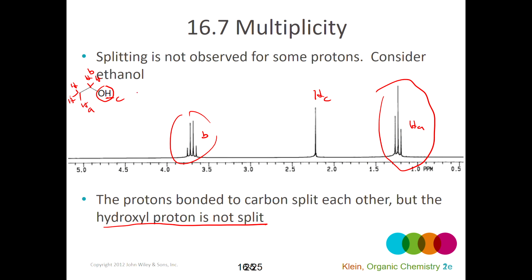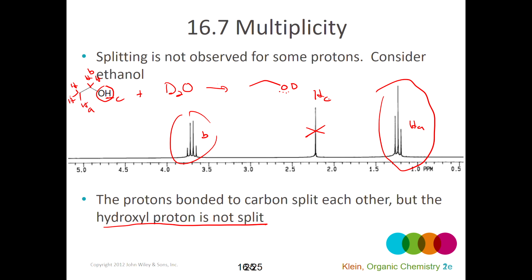If ethanol were added to an exchangeable deuterated solvent like D2O, which is just water where the deuteriums replace the hydrogens, exchanging that hydrogen for a deuterium could convert the ethanol into deuterated ethanol. And now instead of having a hydrogen here, there's a deuterium, and this peak would be gone.